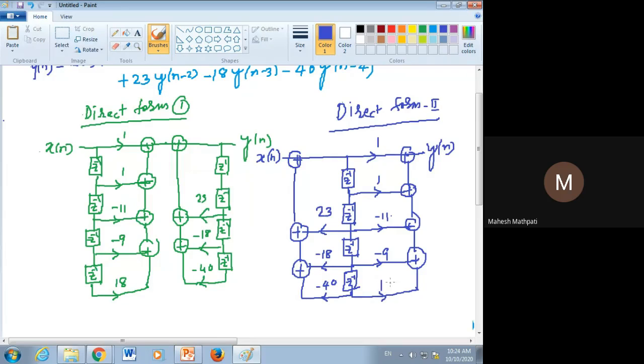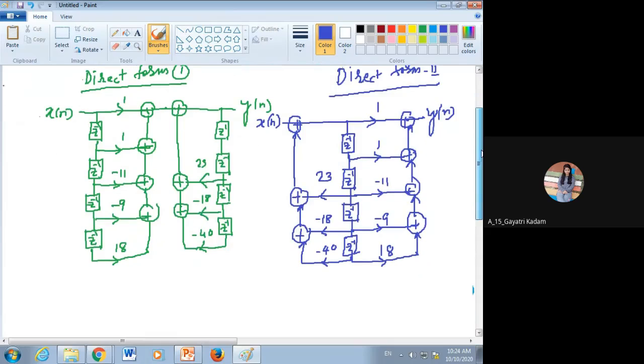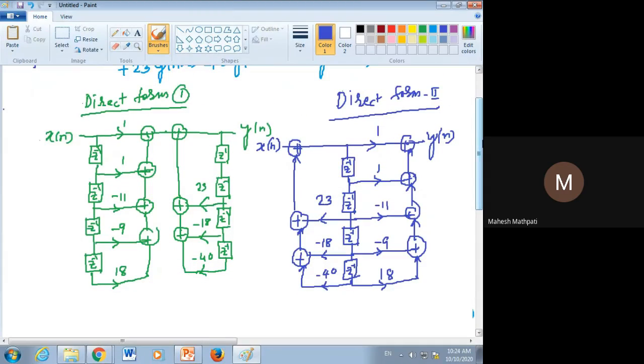This is 18. So likewise you just do this part. The arrows will come like this here. Fine. Have you understood this? Have you got this diagram? Direct form 2. Yes, sir. Any difficulty in understanding this?